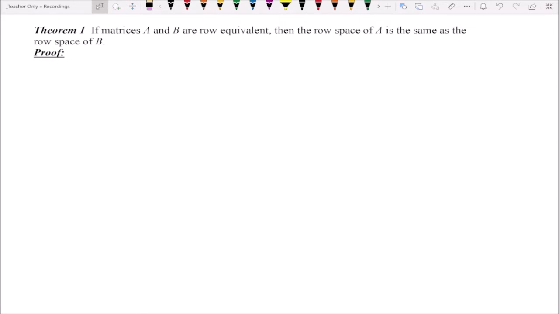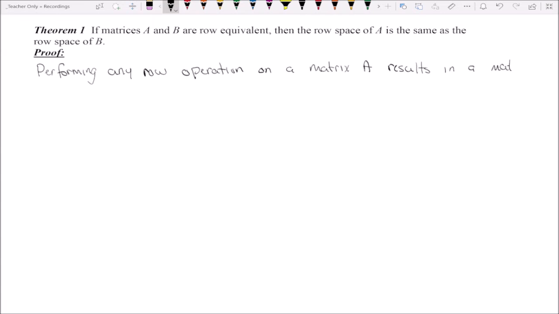So first, let's note that performing any row operation on a matrix A results in a matrix, let's call it A1, whose rows are simply linear combinations of the rows of A.